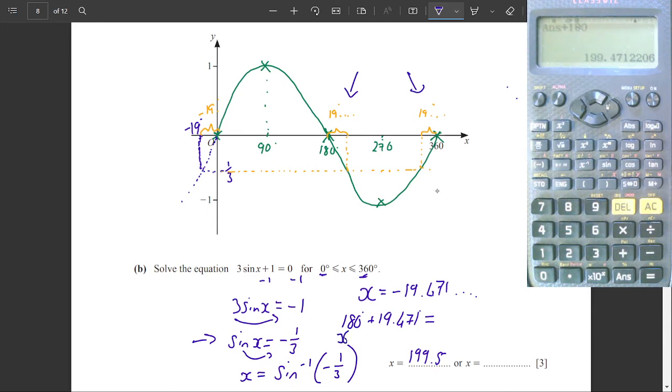So that will be 360 minus 19.471, etc. So 360 minus 19.47. Oh, no. One decimal place, 340.5. Beautiful.